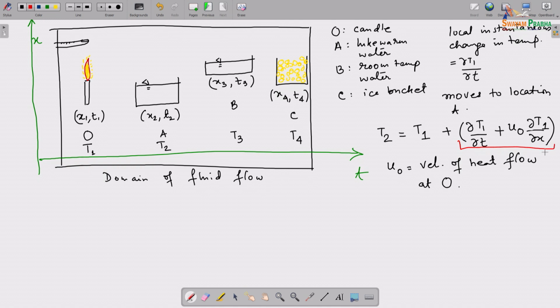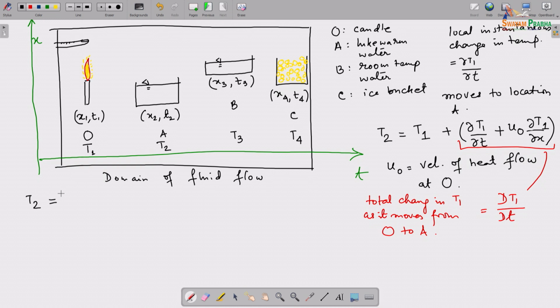This is essentially dT1, the total change in the temperature T1 as it moves from location O to A. Is that right? Okay.